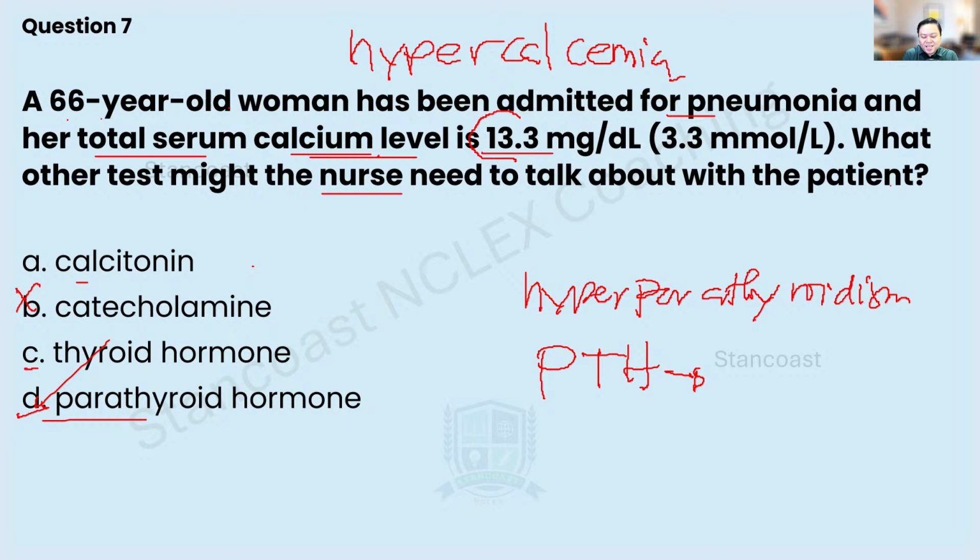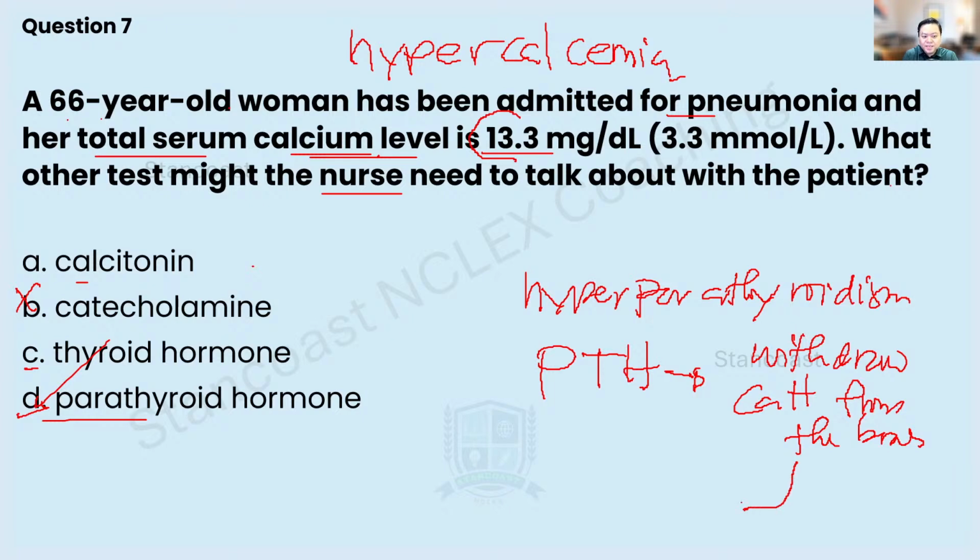But taking into consideration the effects of the PTH, remember that the PTH will withdraw the calcium ions from the bones. And what is the result of that shifting? It will cause the calcium ions to saturate in the bloodstream. That is why this will lead to hypercalcemia.